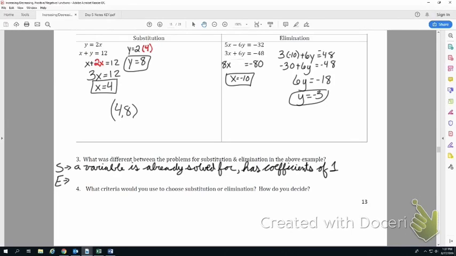Philip, I think you're kind of getting towards the right direction though with your answer. What do all the variables have? Coefficients. So has coefficients not equal to 1.